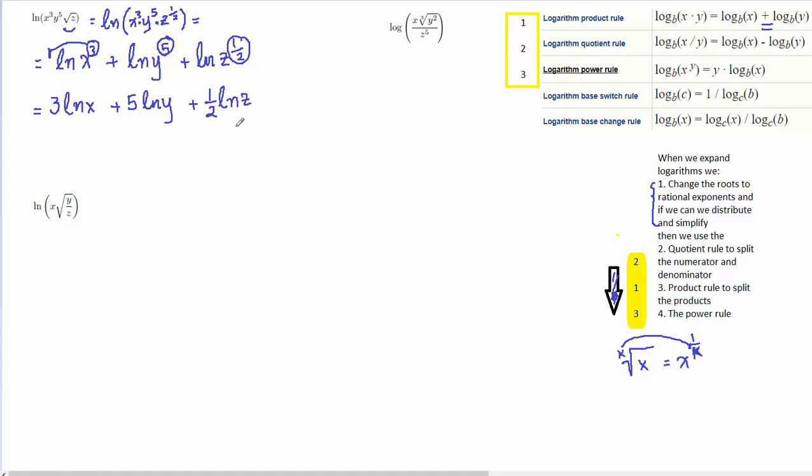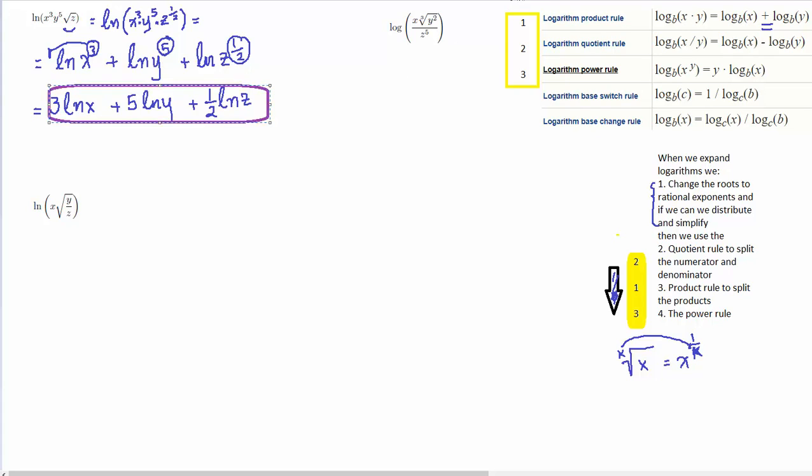That's my final answer, because the only thing I wanted to do was expand the logarithm into a sum and difference of different logarithms.